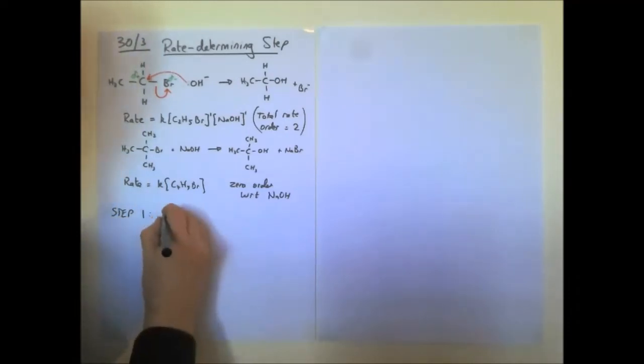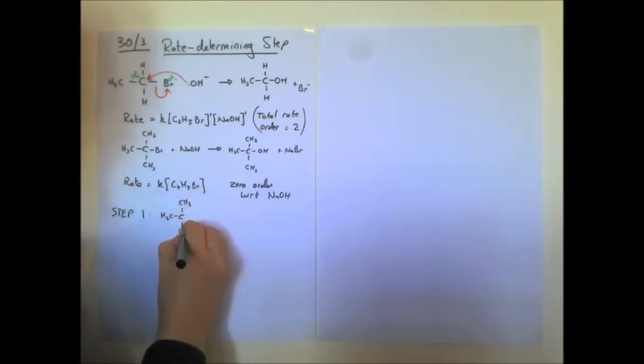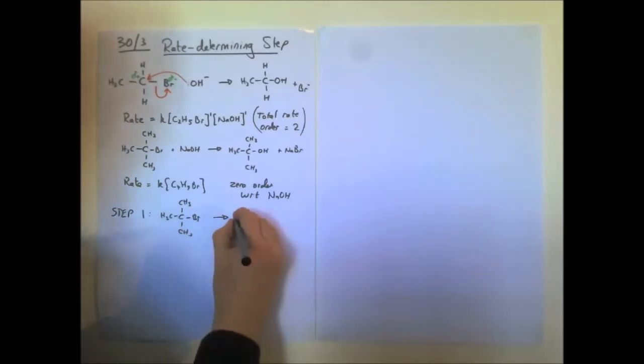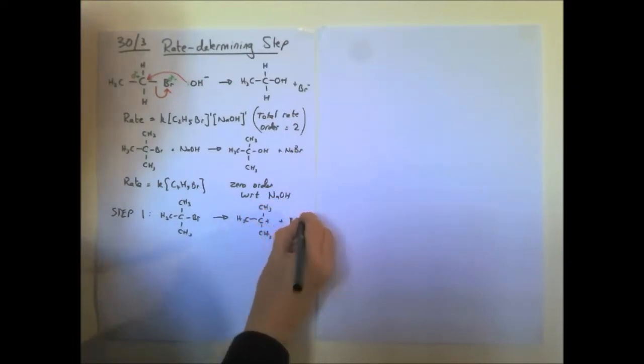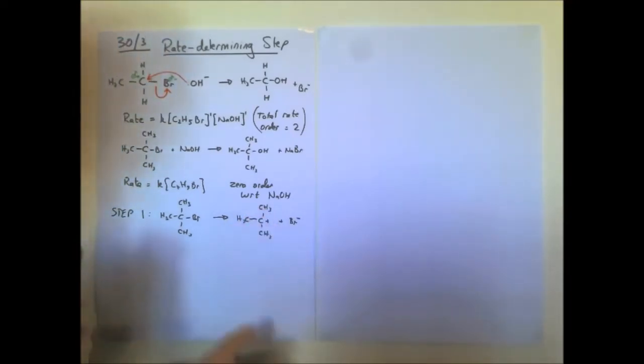In step 1, our bromine thingy here spontaneously breaks down to make a carbocation there.